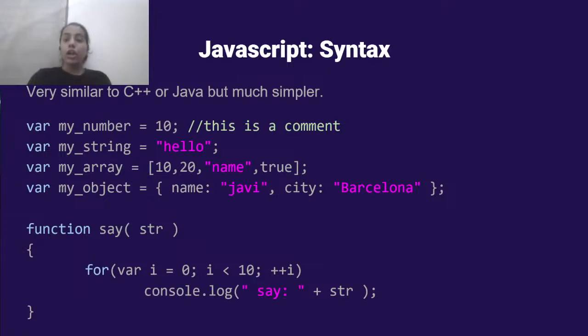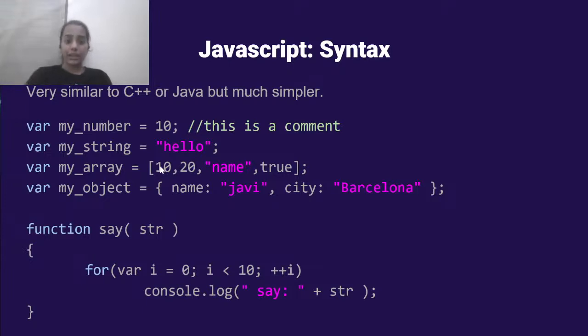Next, moving on, we have JavaScript syntax. So, like I said earlier, JavaScript syntax is very similar to C++ or Java, but it is much simpler. In the first example, we can see how a variable is declared.